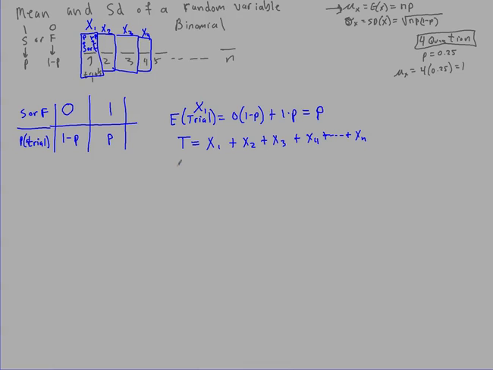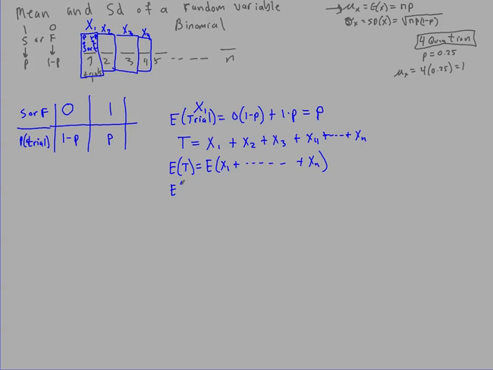What's the expected value of T, the total? That would be the expected value of x1 plus all the way up to xn. I'm combining random variables, which we learned before.